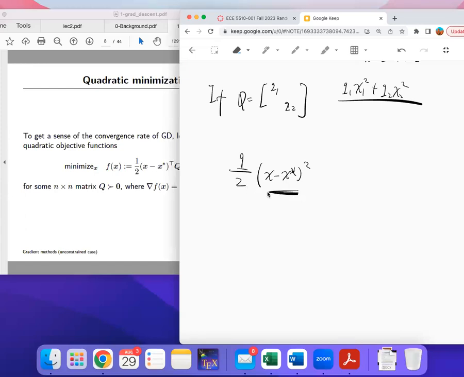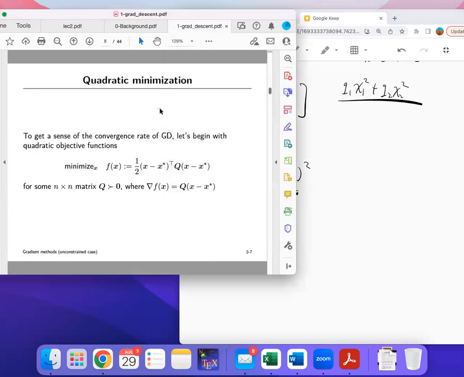And we know the minimizer is just x star, and it's the same for the multi-dimensional case. For this function, the gradient is given by Q times the vector x minus x star. Once you have that, you can implement gradient descent to solve this problem. You just need to multiply the matrix by the vector every time.